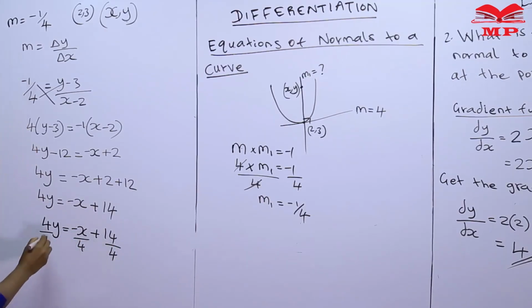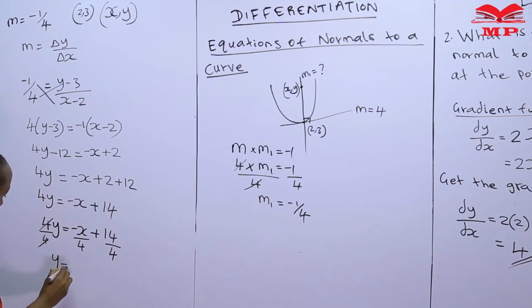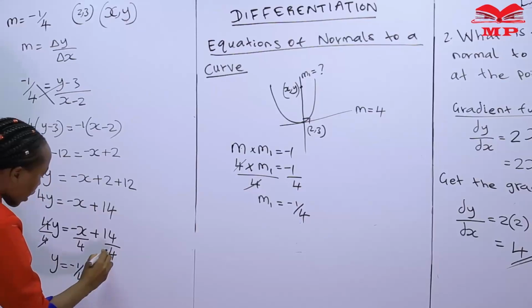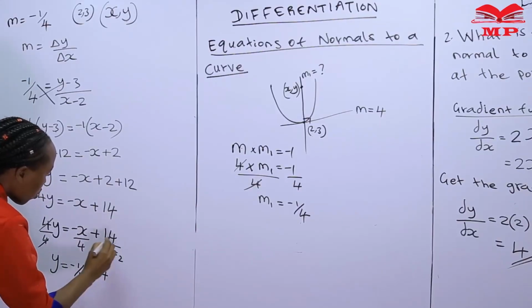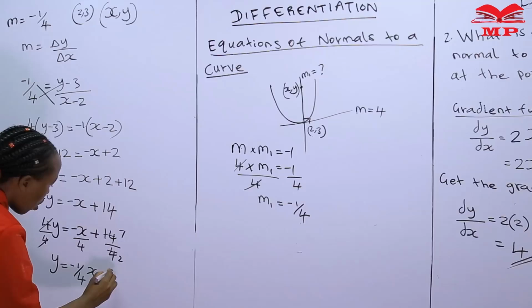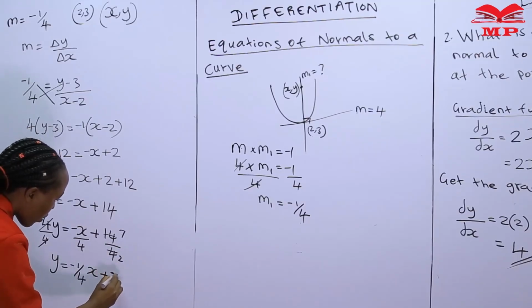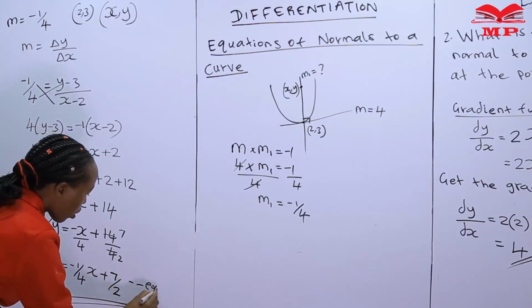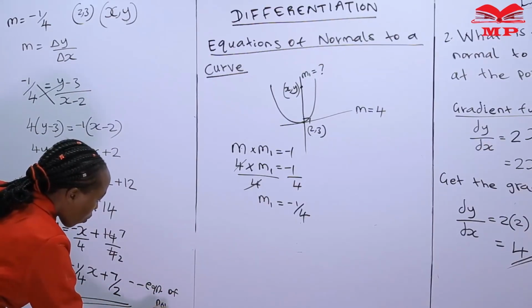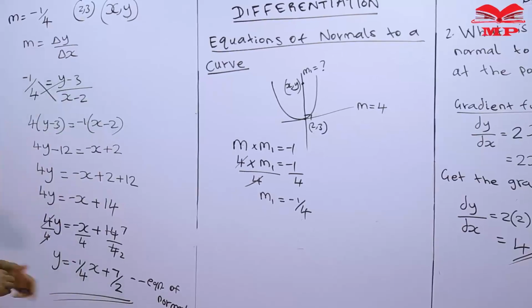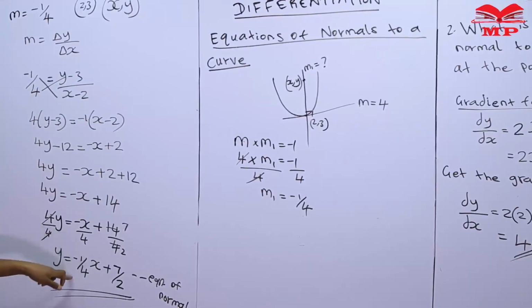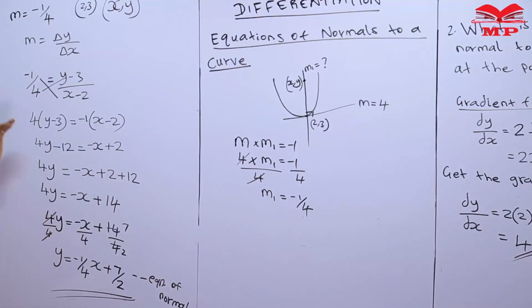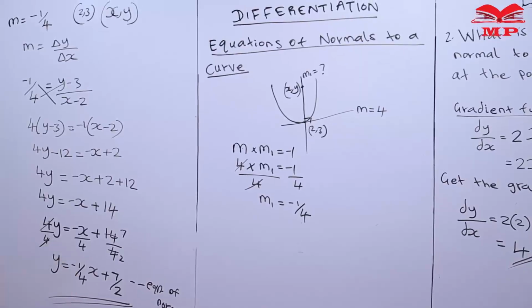So we end up getting y is equal to -1/4 x, then plus 14 over 4, which we divide by 2 to get 7 over 2, or 3.5. And this is now the equation of the normal. We can see clearly from this that our gradient is -1/4, the gradient of the normal.